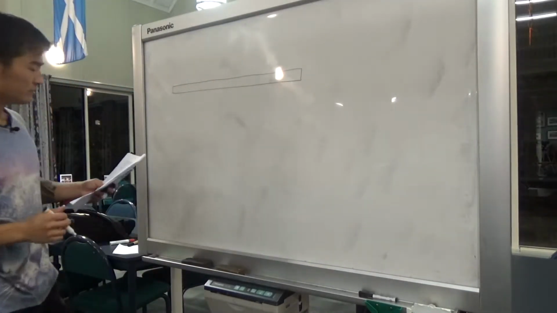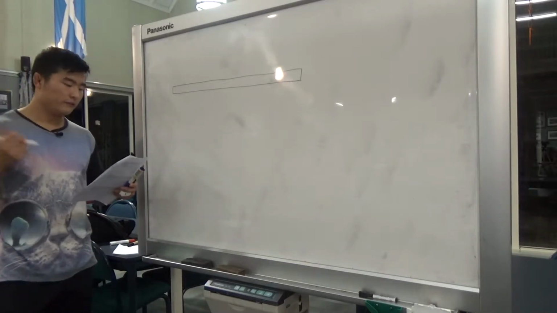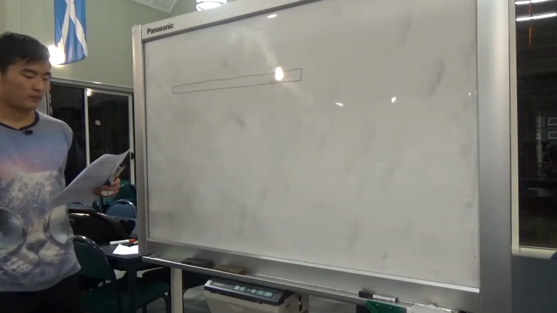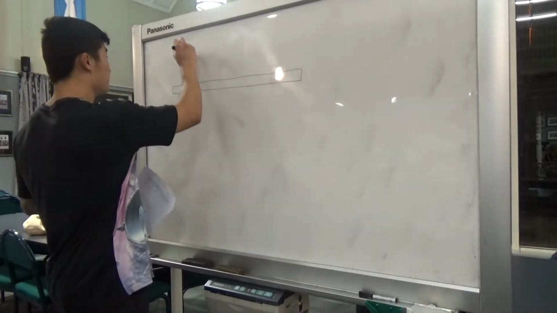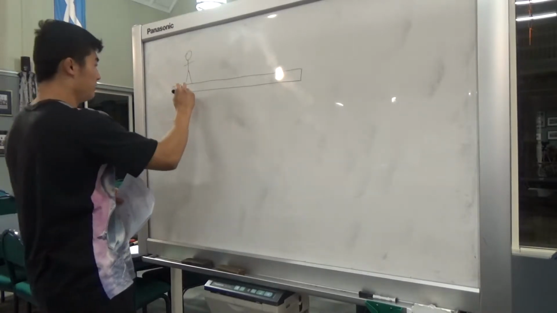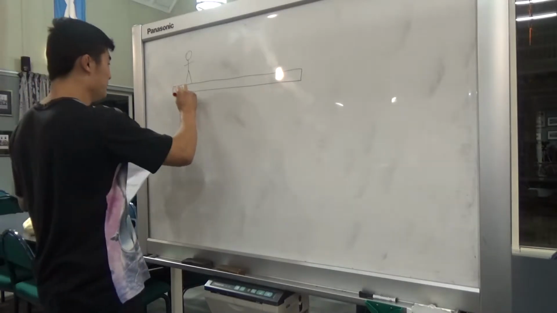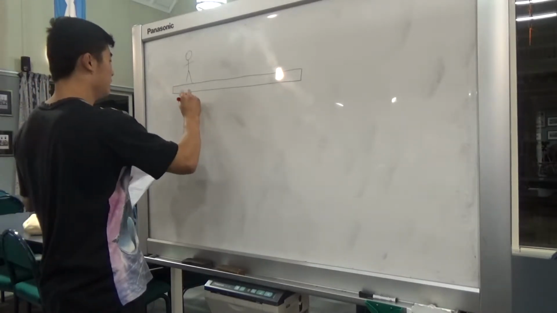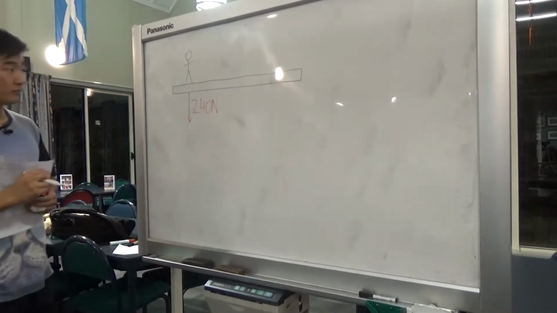Right. So we've got our 24 kg brother, 1 meter from the end. So he's going to exert a force downwards of 240 newtons, right?